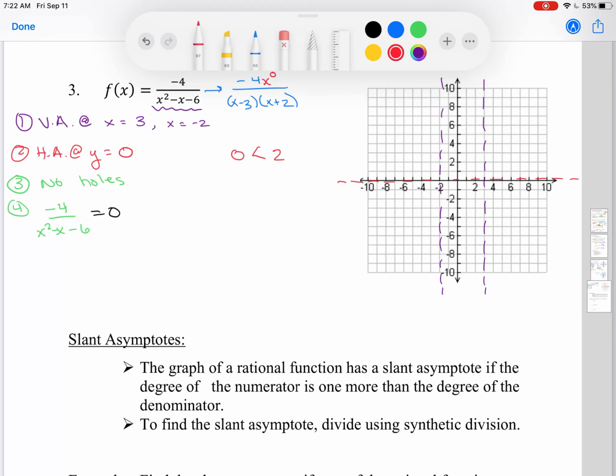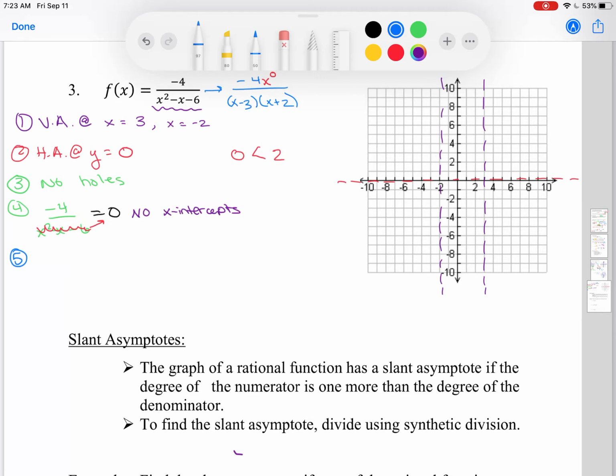We're going to set that whole thing equal to 0, but when I cross multiply this times 0, it's going to just cancel. And I'm left with -4 equaling 0. There's nothing any longer that I can solve for. So I'm going to make note that there are no x-intercepts, because there's no x value up in the numerator that I can solve for.